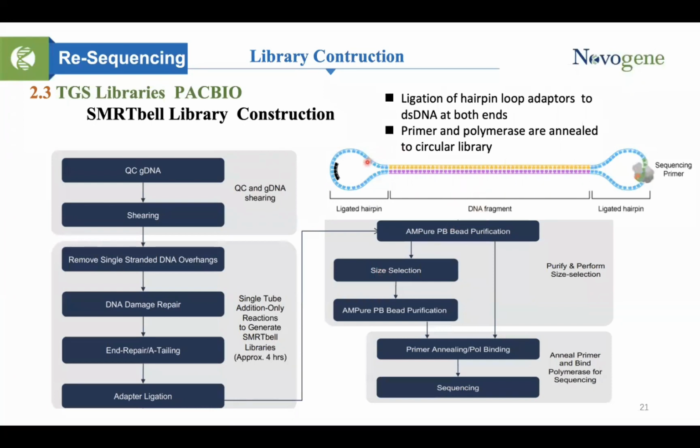The library is double-strand DNA templates capped by hairpin loops at both ends. The library is structurally linear, but topologically circular. So the hairpin adapters that are ligated to each DNA fragment provide common primer binding sites for DNA polymerase to initiate sequencing.